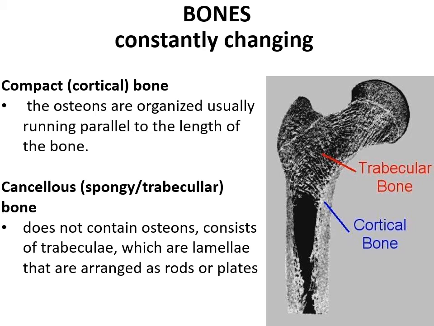In cortical bone, you have those osteons that are really tightly packed together, organizing the compact bone. In trabecular bone, there aren't any osteons, so basically there's just minerals that form the trabecula.